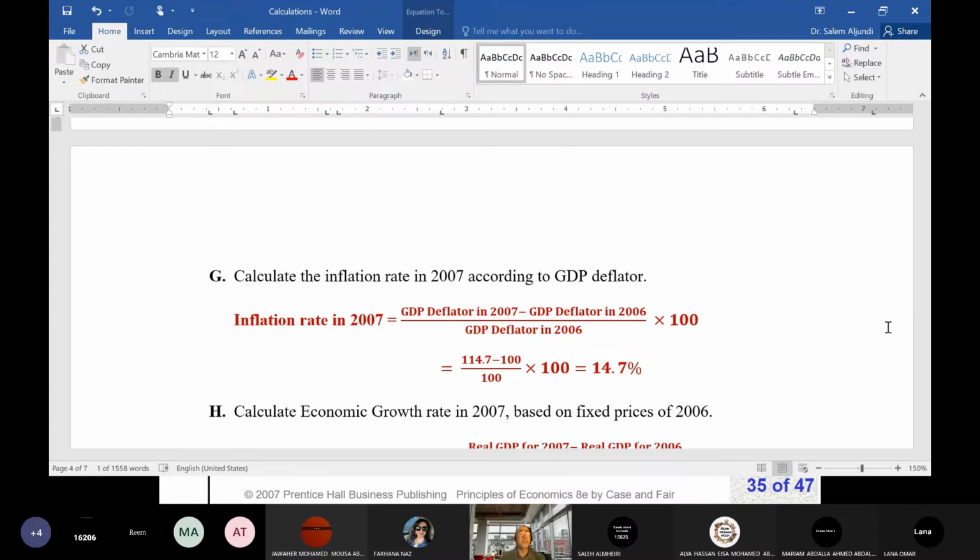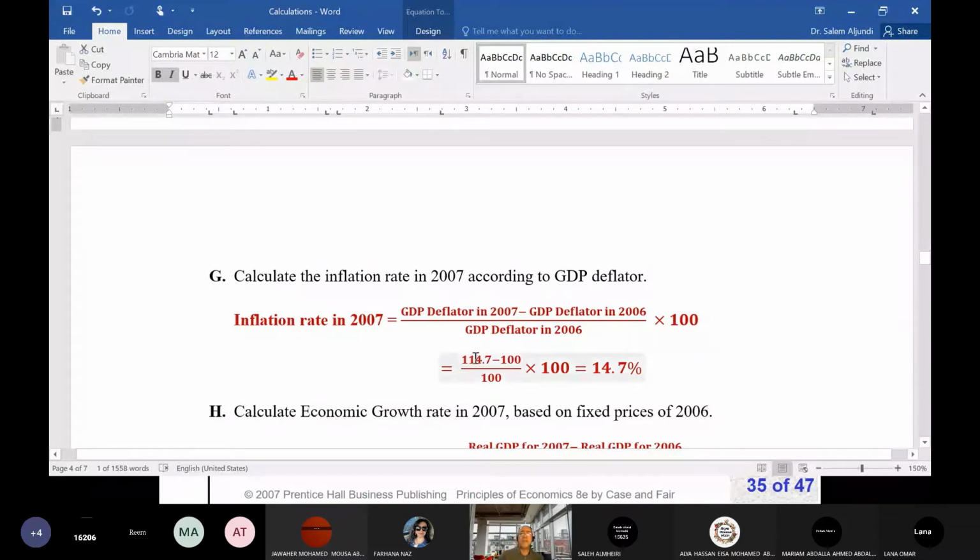So use this equation for any percentage change. For example, my salary increase: delta Y divided by Y, Y2 minus Y1 divided by Y1, a new salary minus old salary divided by the old salary times 100.